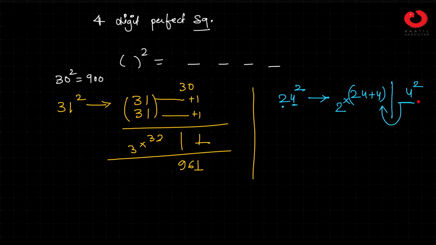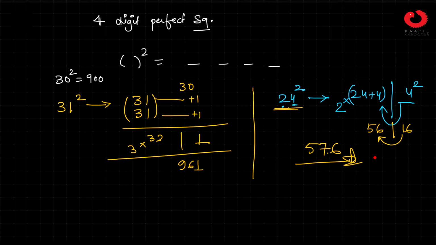This might look a little complicated, but slowly you will get used to it. Suppose I am asked to write 24 square. I do 24 plus 4, which is 28. When 28 is multiplied with 2, it gives 56. And I know that 4 square is 16, so it is 56 bar 16. I take the 1 mentally over here, so it's 5, 7 and 6. So this is our answer.